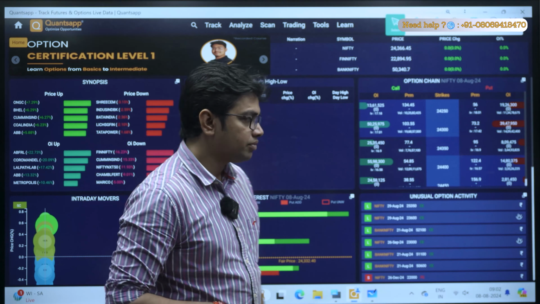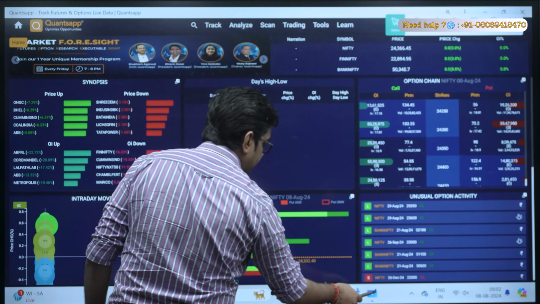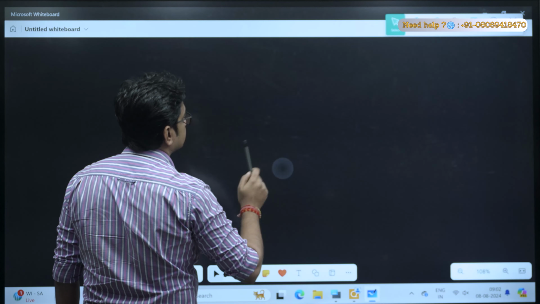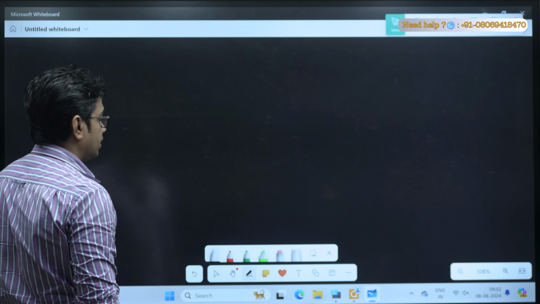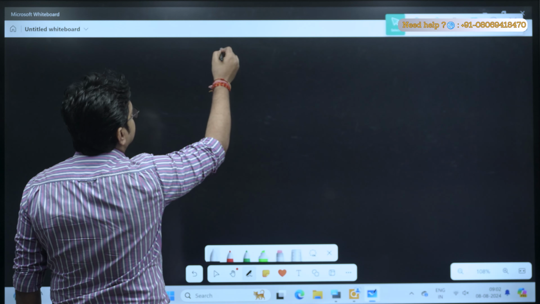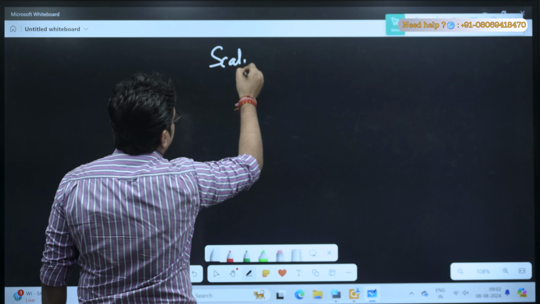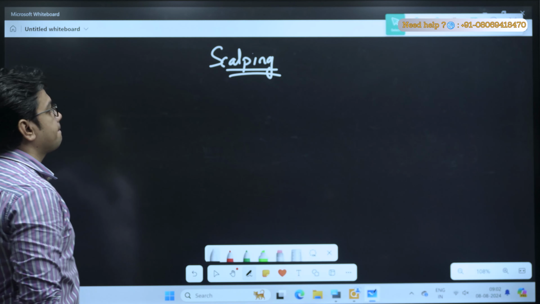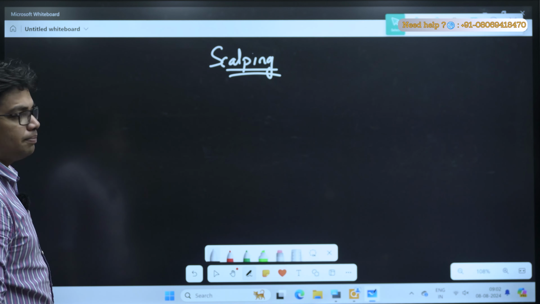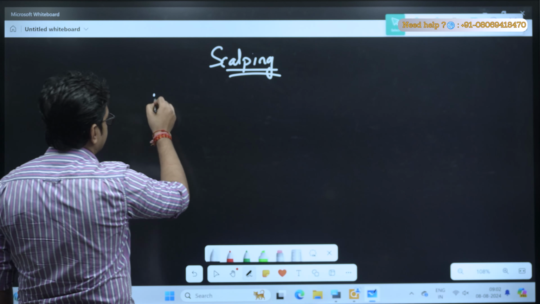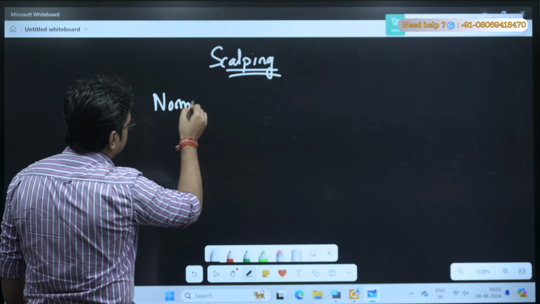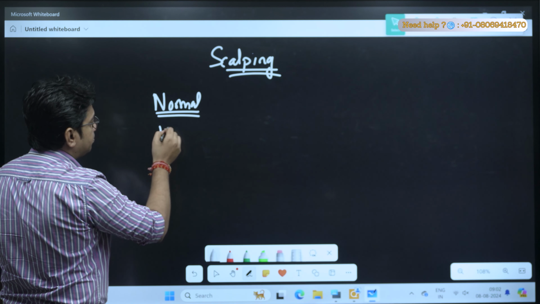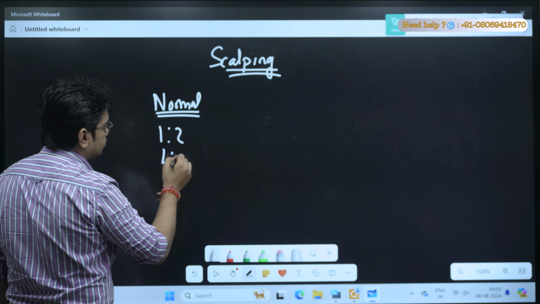Now let me give you an idea of how to do scalping and what scalping is. In most normal intraday trades, people take a 1:2 target or a 1:3 target.